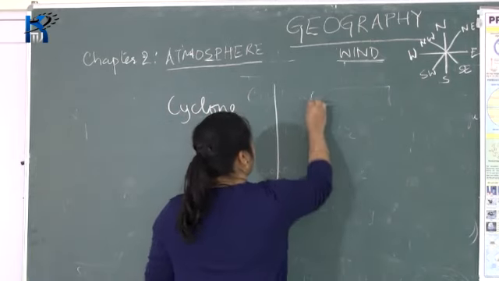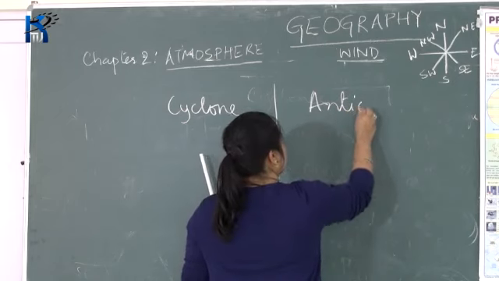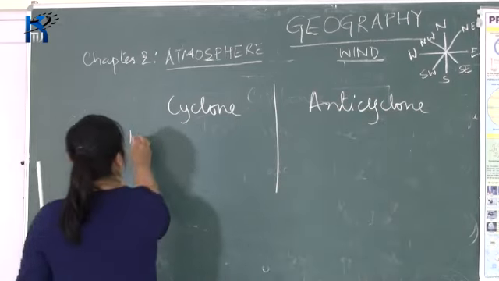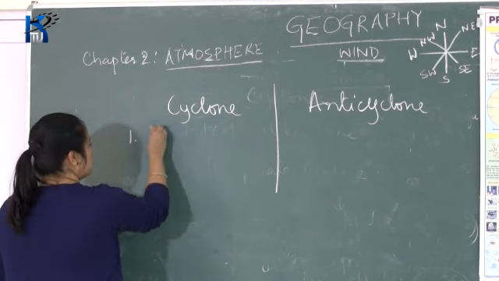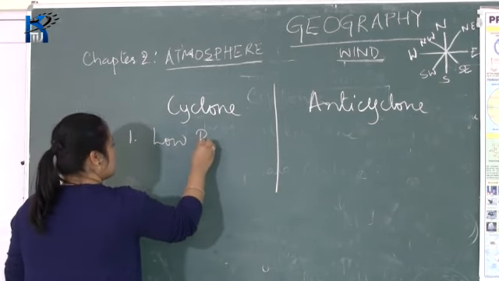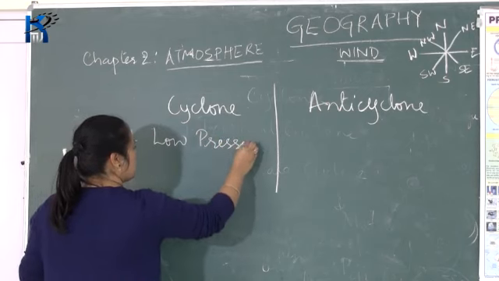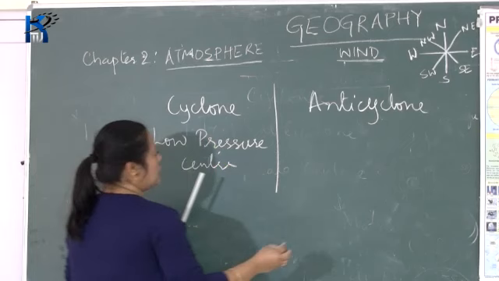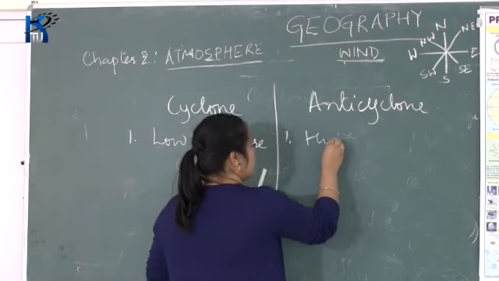Cyclone and anticyclone. Here is a low pressure center, and here high pressure.